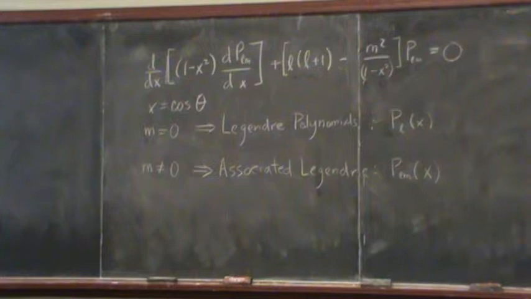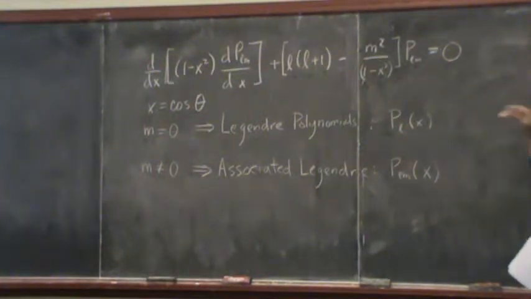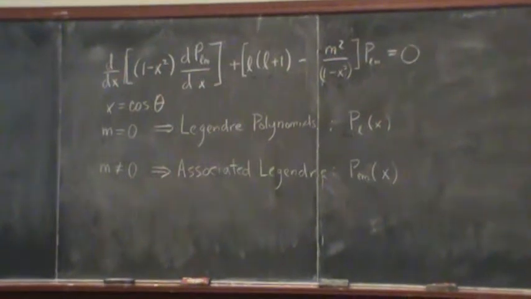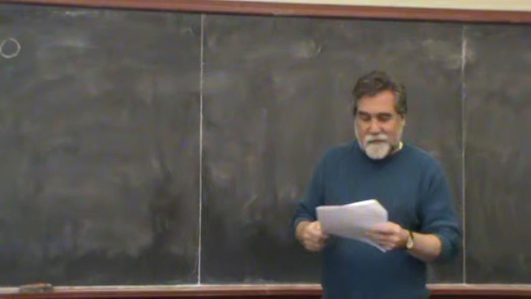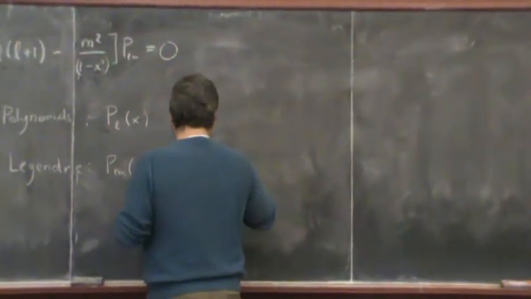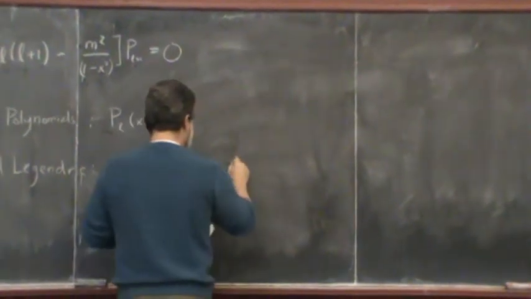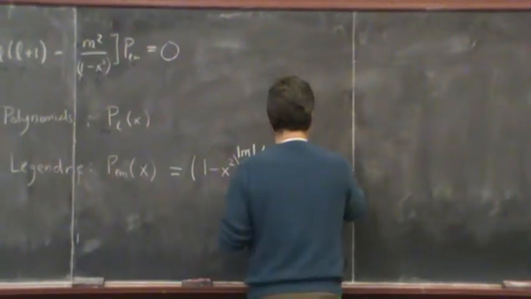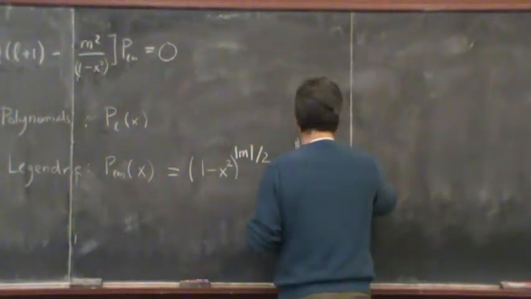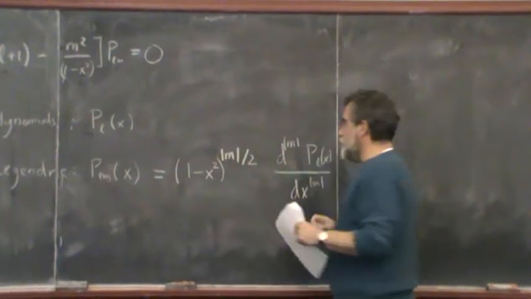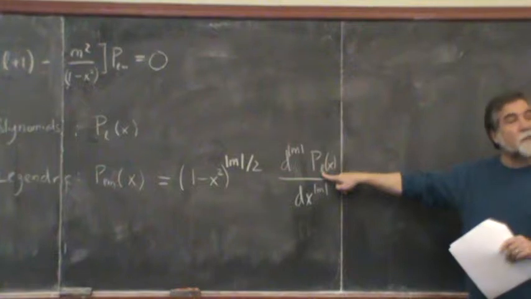The relationship between the Legendre polynomials and the associated Legendre polynomials cannot be found simply, but it can be tested easily, right? The P_l^m, when m is not equal to 0, look like this: 1 minus x squared to the absolute value of m over 2, times the absolute value of m-th derivative of the Legendre polynomial.